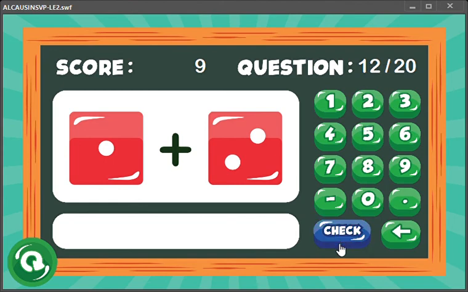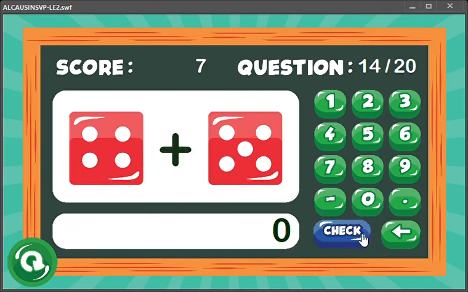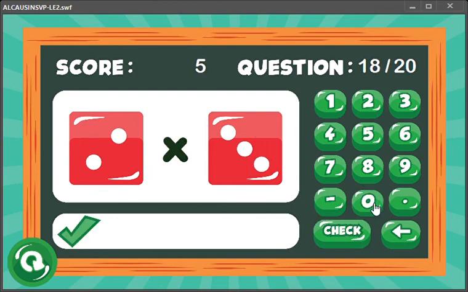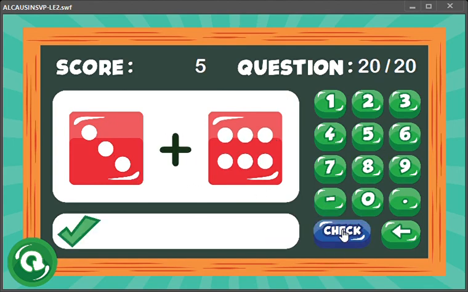Okay, so let's try to move until the end, until we get to the last question. Apparently we now have 4 points out of 20. So 3 times 2, that is 6. Check it.